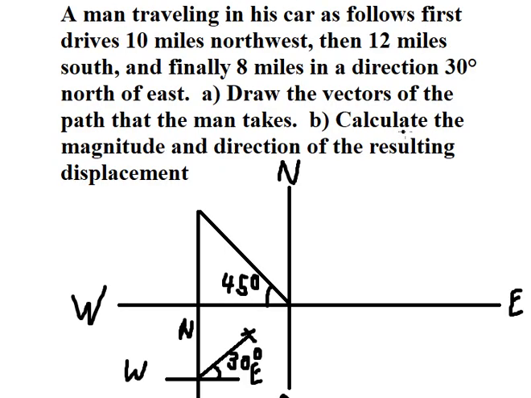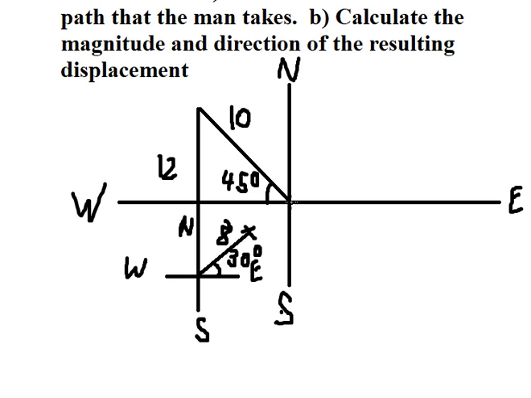So the next one, we need to calculate the magnitude of this one. So we know that we have 10 miles in here, 12 miles in here, and 8 miles in here. So from this point to this point, we need to find the distance in here.